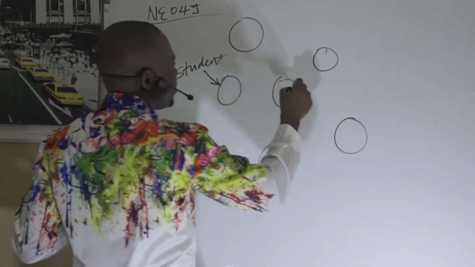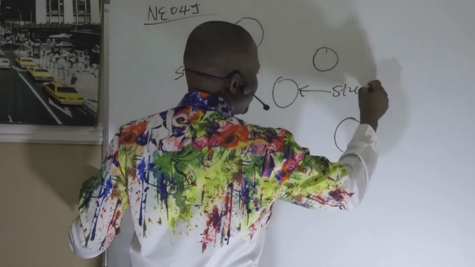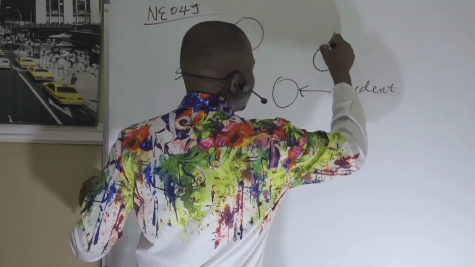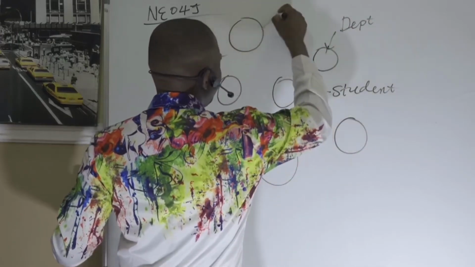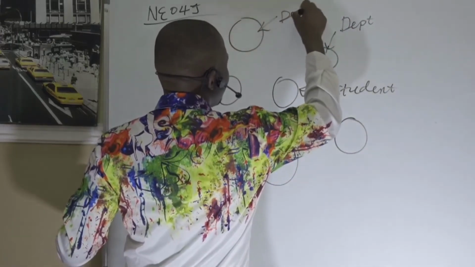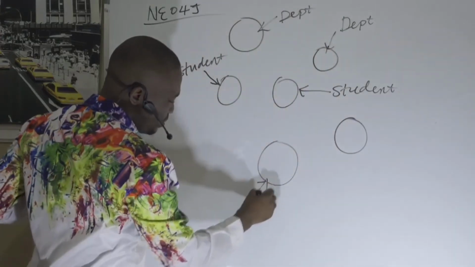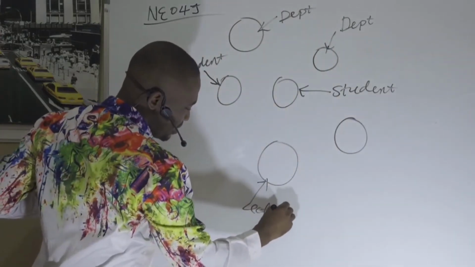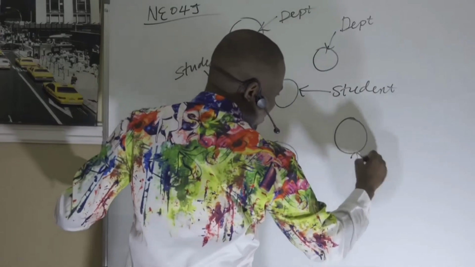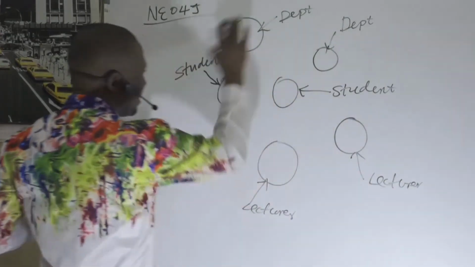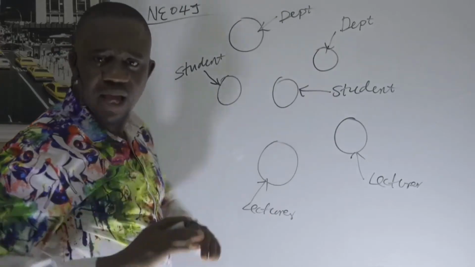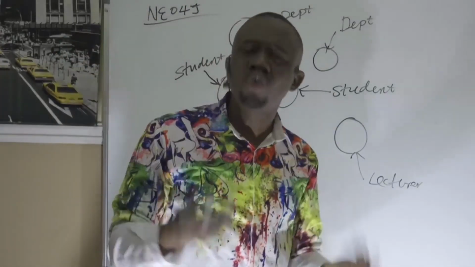This is a student node. This is the department node. This is a lecturer node. These are labels. I'm giving them labels now.